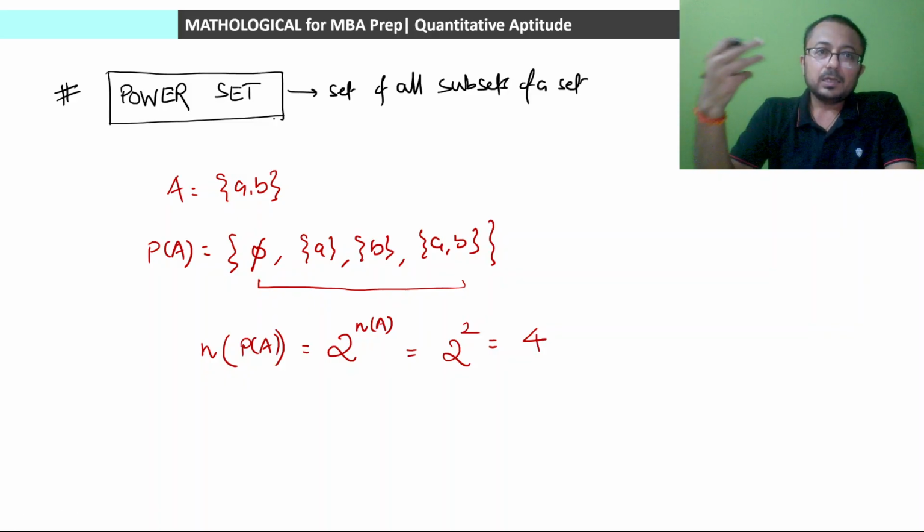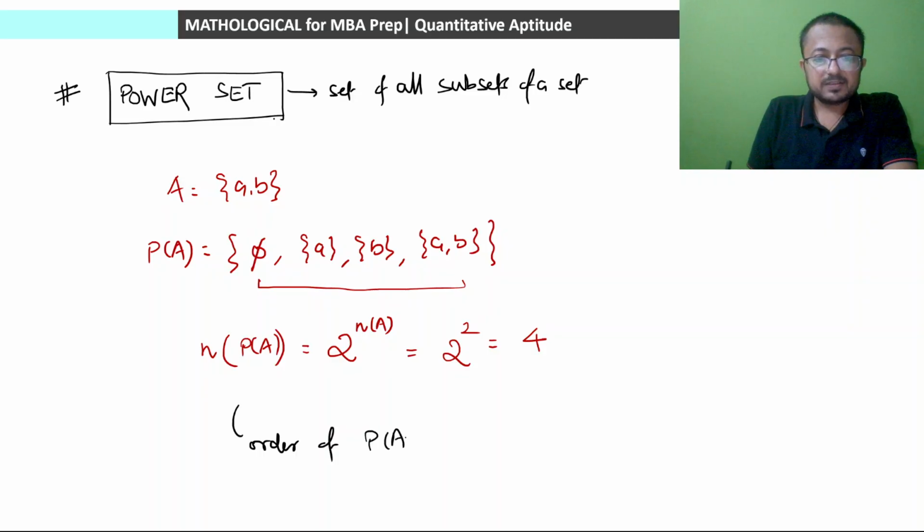Cardinality or order of a power set will always be equal to 2 to the power number of elements in A. Agree?